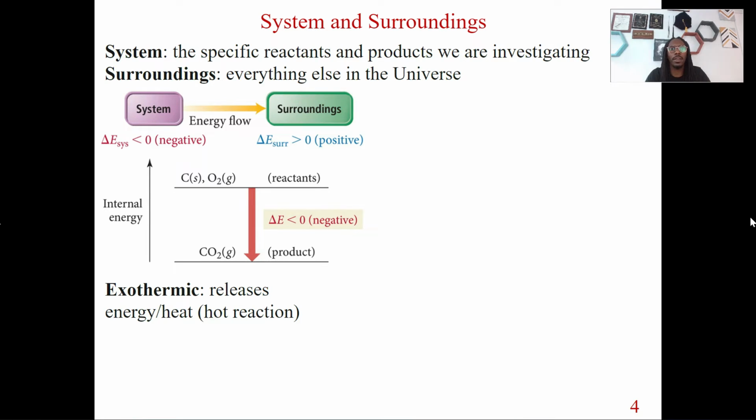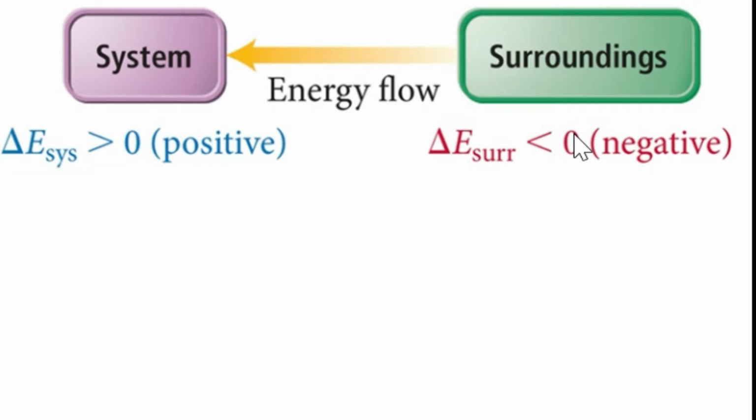On the other end, let's say that instead of my system giving energy to the surroundings, the surroundings is giving that energy to the system. So now it's the opposite effect, where instead of my system being negative, it's going to be positive because it's absorbing or taking in the energy from the surroundings.